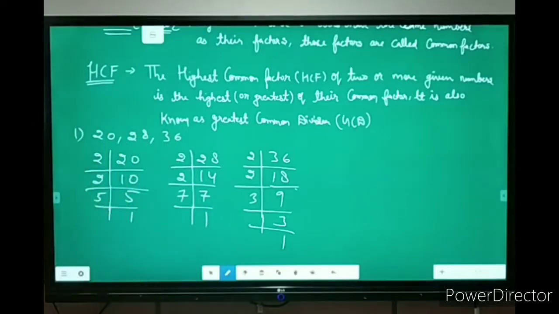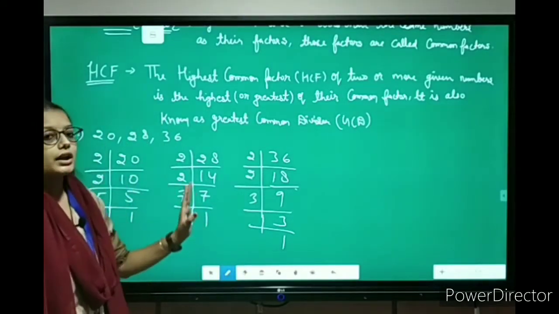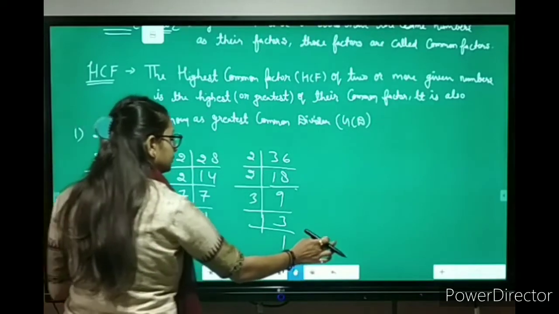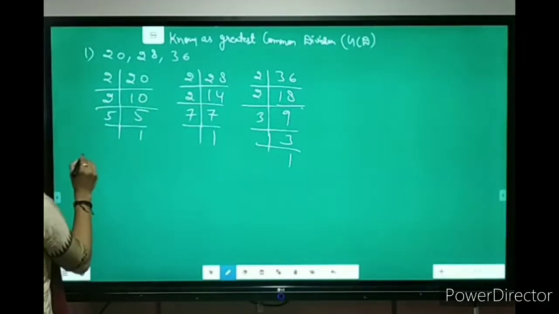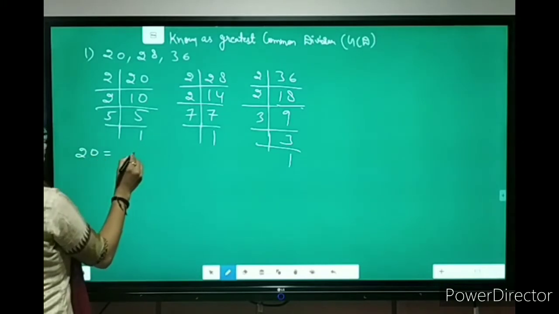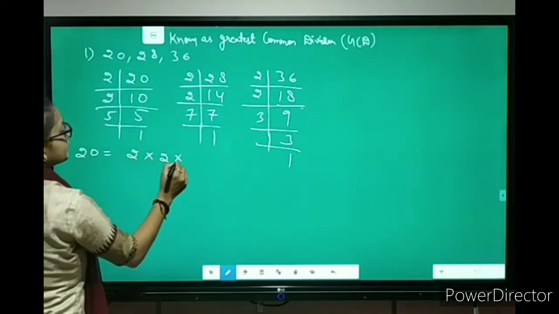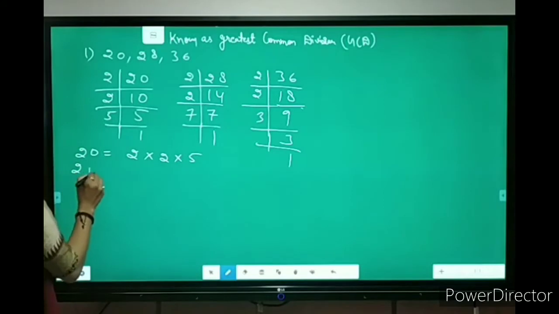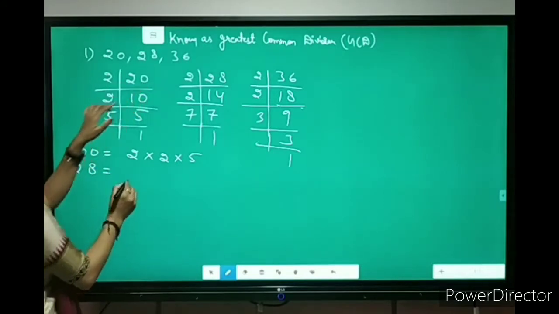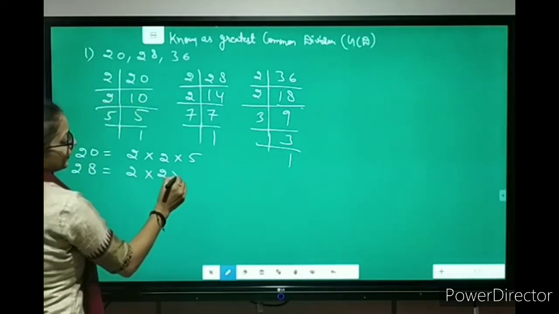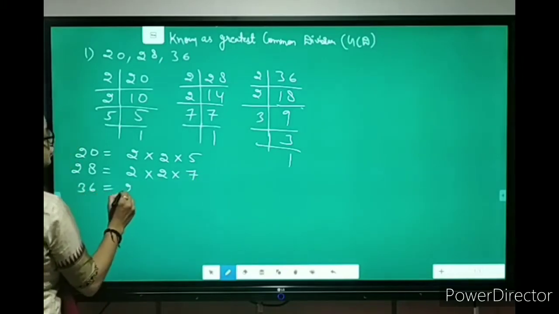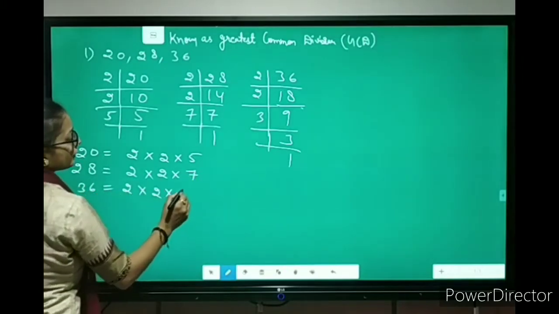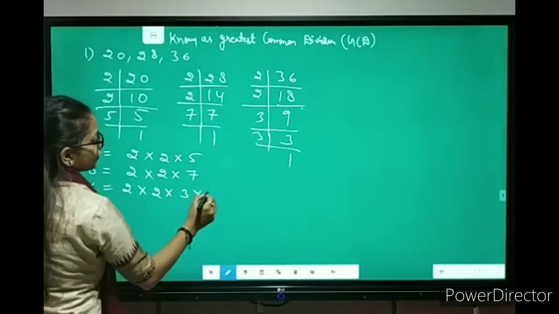Okay. The common factors of 20, 28 and 36: the prime factors of 20 are 2 multiplied by 2 multiplied by 5. The prime factors of 28 are 2 multiplied by 2 multiplied by 7. The prime factors of 36 are 2 multiplied by 2 multiplied by 3 multiplied by 3.